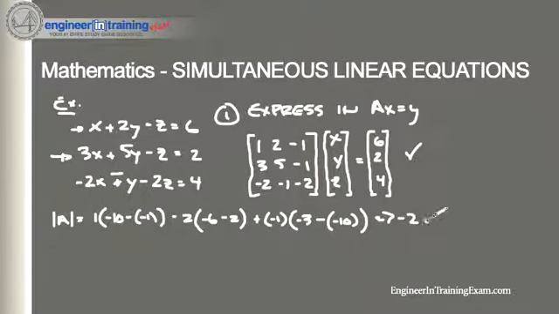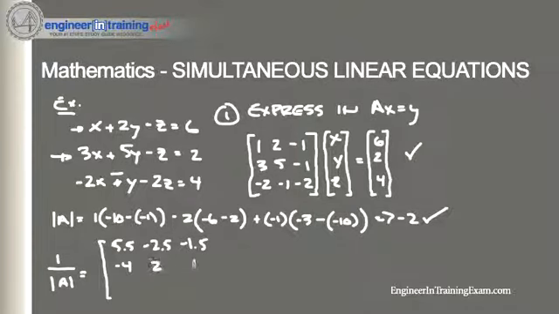there is an inverse. Now, I've already worked the inverse out here, so I'll show you guys that the inverse of matrix A is 5.5, negative 2.5, negative 1.5, negative 4, 2, 1, negative 3.5, 1.5, and 0.5.